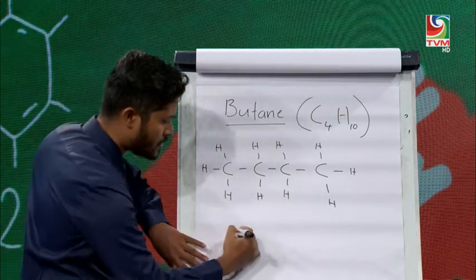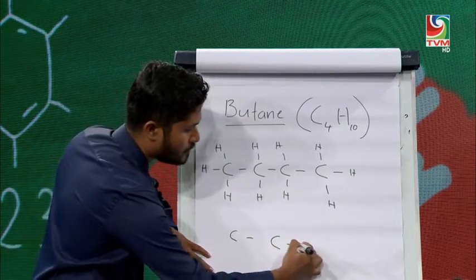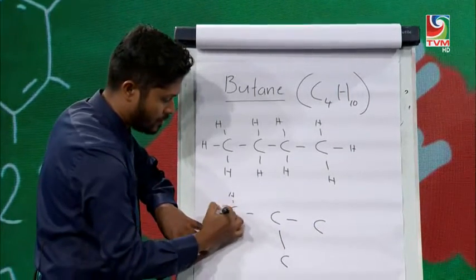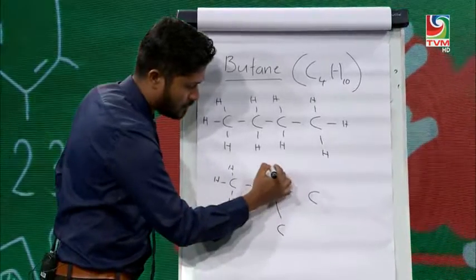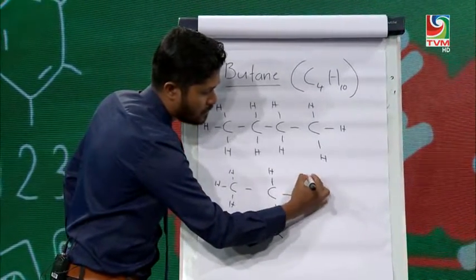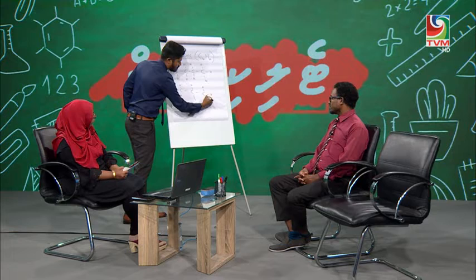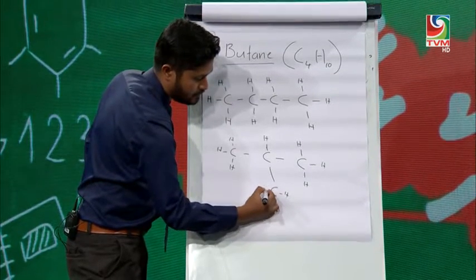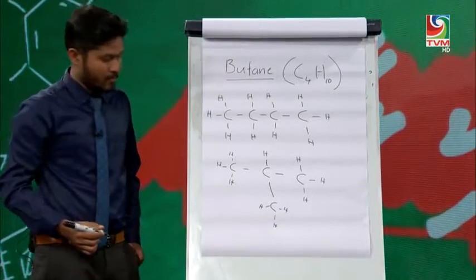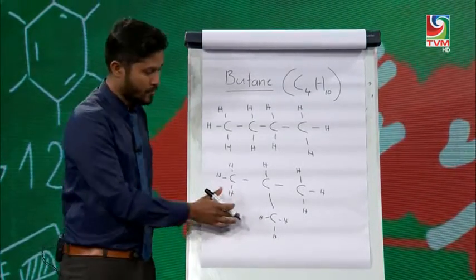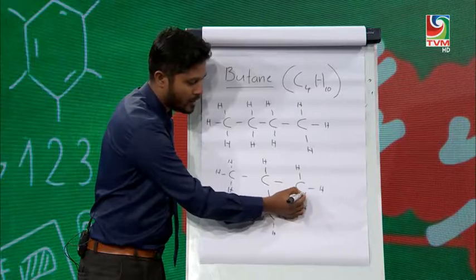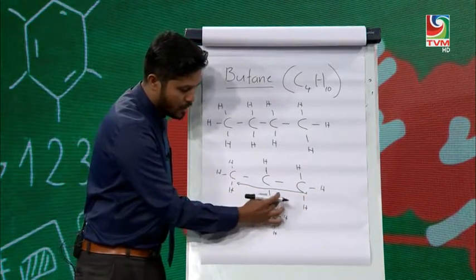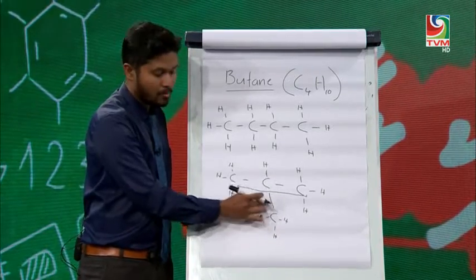But if you represent this structure in a different way, this is a molecule that contains a branch, which means if you start from one end and move to the other end, you will come across one carbon-carbon bond.